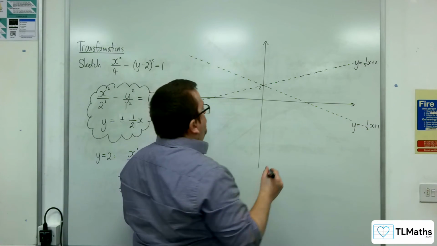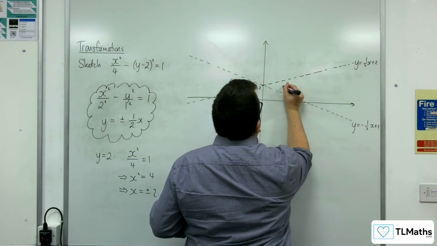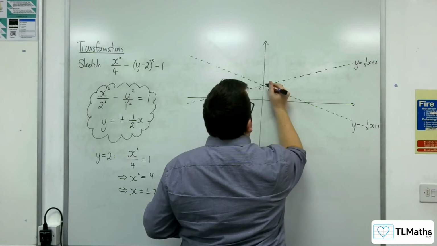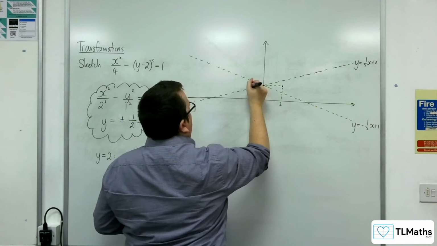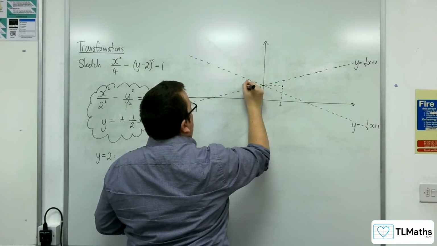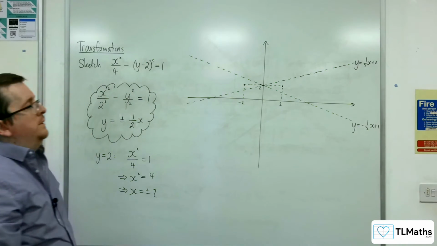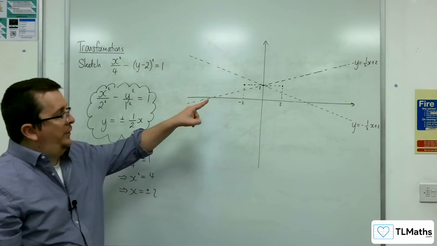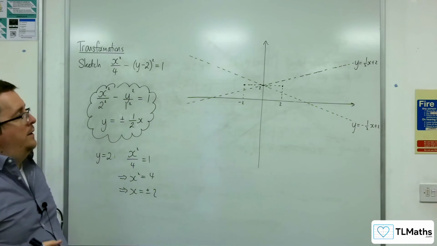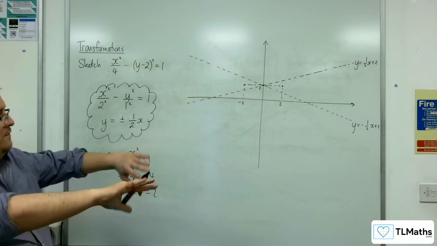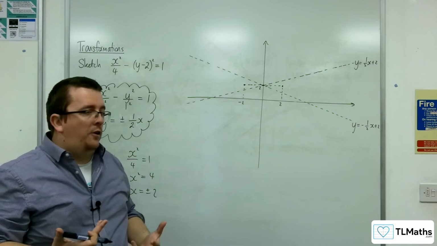So this point here is (2, 2), and this point here is (-2, 2). They are those points where the curve changes direction. They're kind of like the vertices, if you will, of the curve.